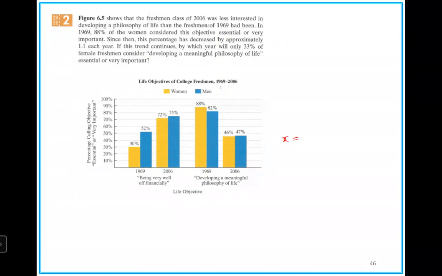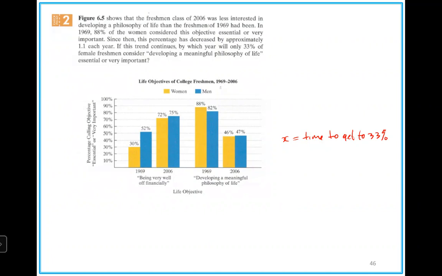They ask if this trend continues, by which year. So x will equal the time to get to 33%. Based on what you know, how could you arrange this formula?